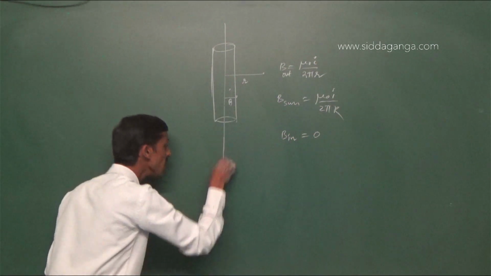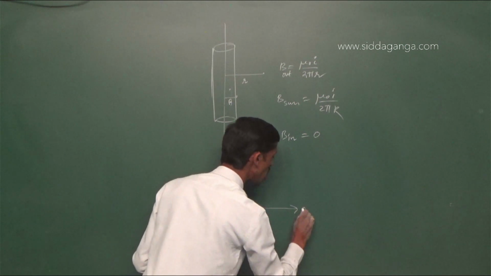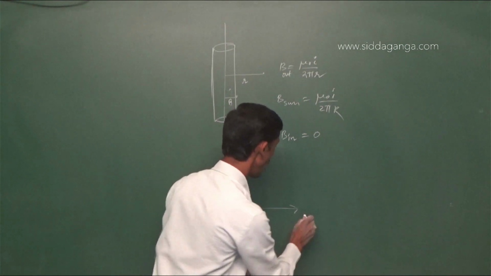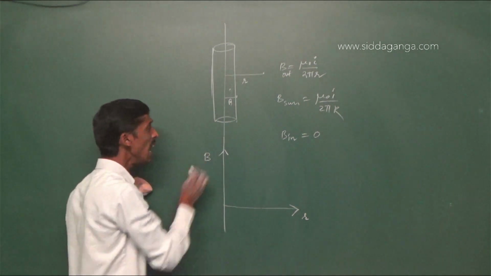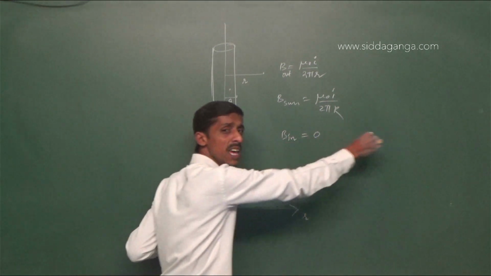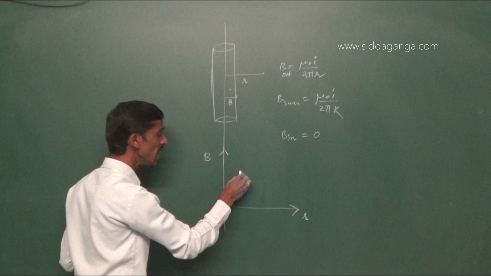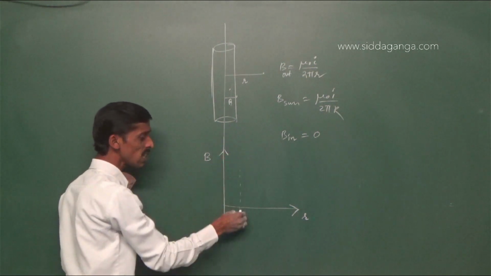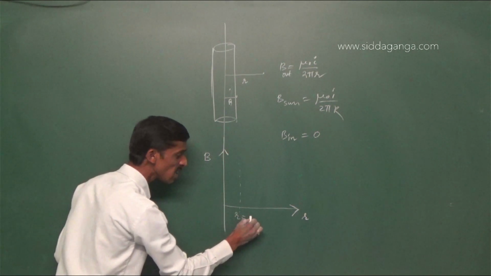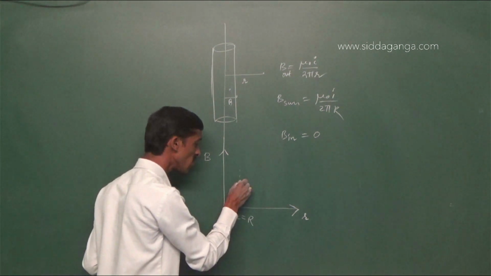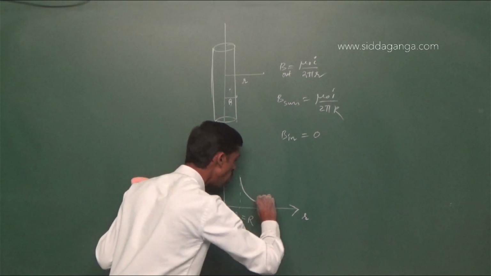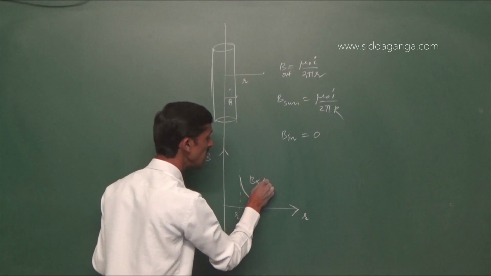So by keeping these 3 points in mind, if you draw the graph of how the magnetic field strength varies as one moves away from the axis, up to the surface, small r equal to capital R, the field is 0. From the axis to the surface the field is 0. But for a point outside, B varies inversely with the distance.